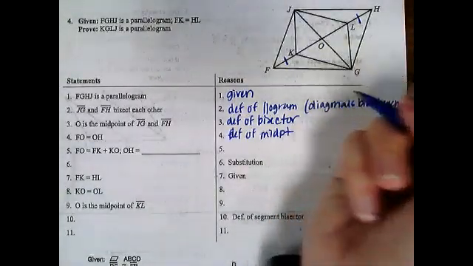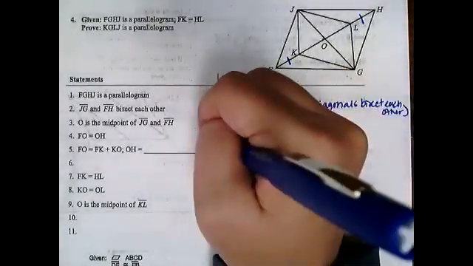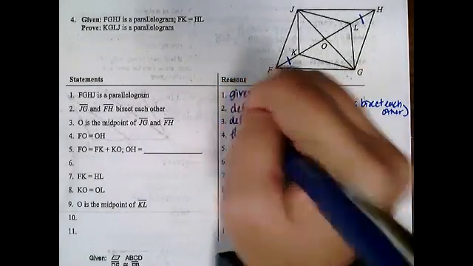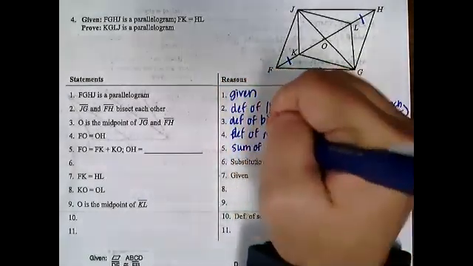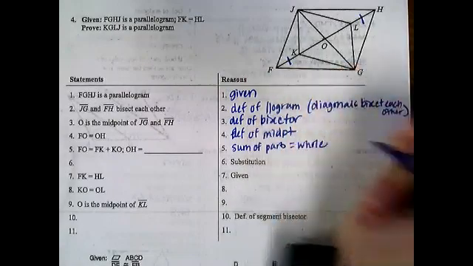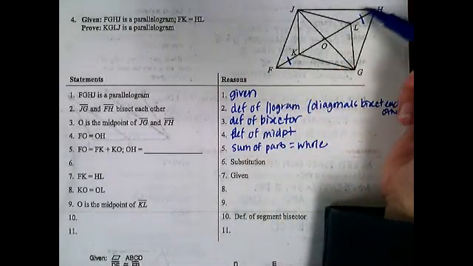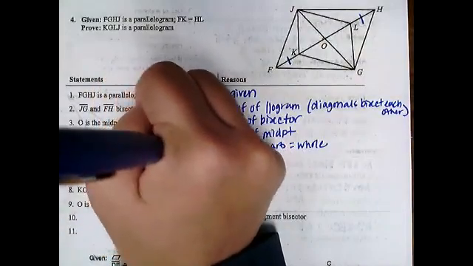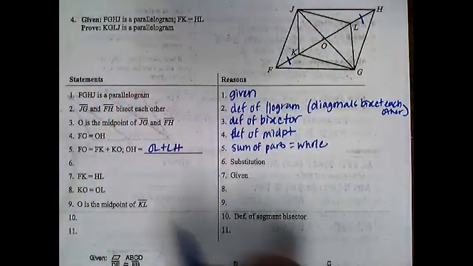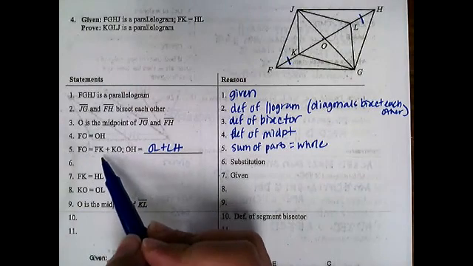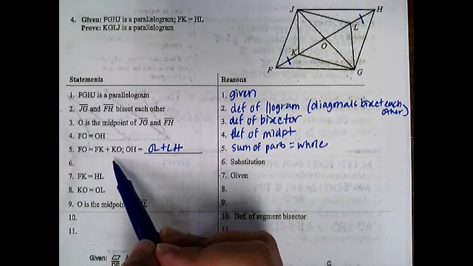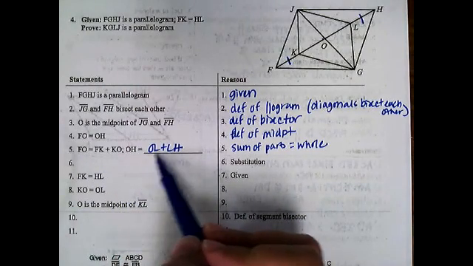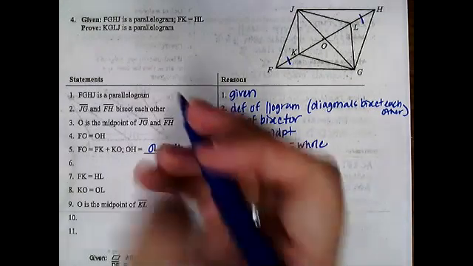So this is the sum of the parts equals the whole. So that would mean OH is going to equal OL plus LH. So if FO equals OH, then FK plus KO must equal OL plus LH.